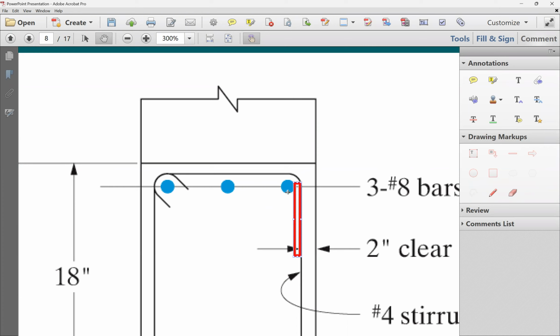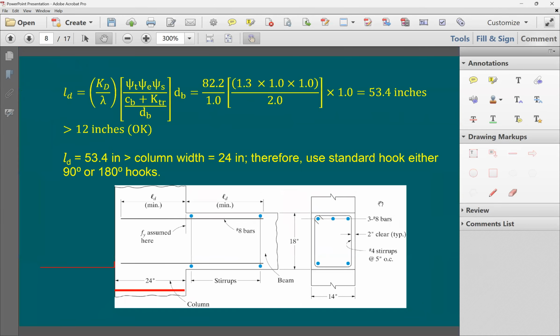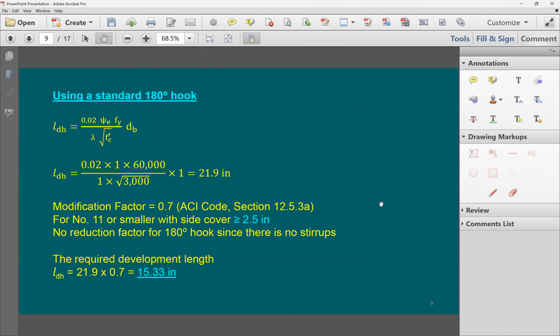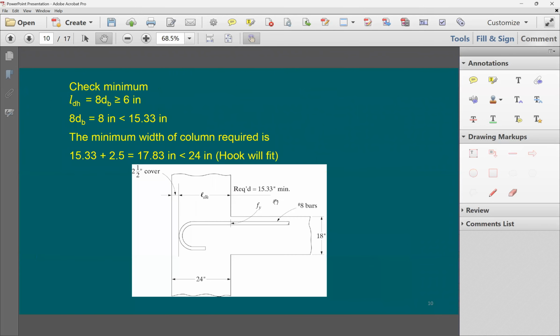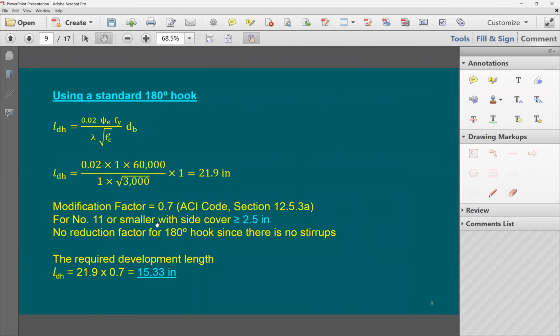And the cover to the bar that we are trying to hook is actually 2.5 inches. So it is 2 inch to the tie itself, but from the face of the bar to the edge is 2.5 inches. So actually we have it, because this factor is about the cover to what? To the rebar that you're trying to hook or develop. So I should be able to use this 0.7 factor.